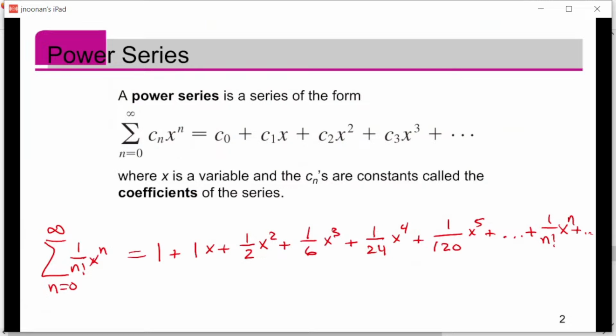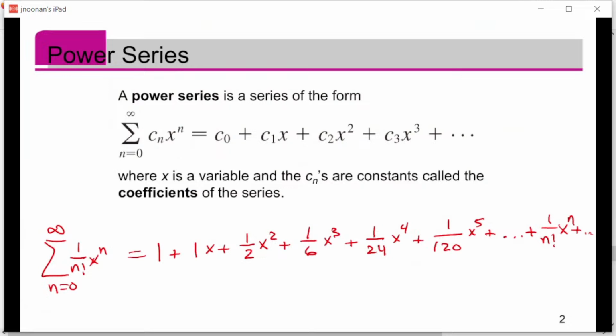And this particular power series is a pretty special power series because it has a domain of all real numbers. We'll be able to prove that later, or see why it is. Prove, that sounds scary, doesn't it? But anyway, we'll see why that is next week, maybe later this week.